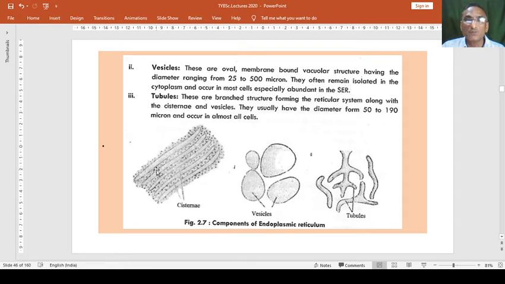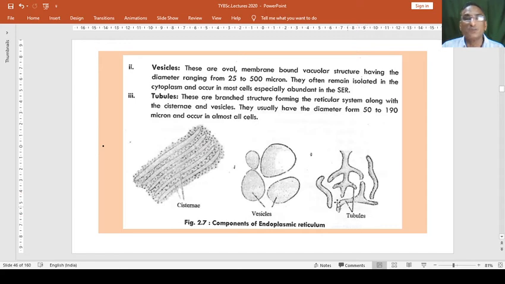If we remove all the granules or ribosomes, then it will be smooth endoplasmic reticulum. And these dotted or ribosome containing cisternae are called rough endoplasmic reticulum. So this is the difference between RER and SER. So this is about cisternae and vesicles.